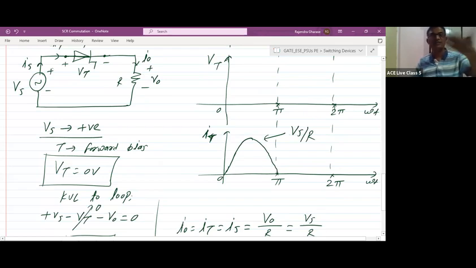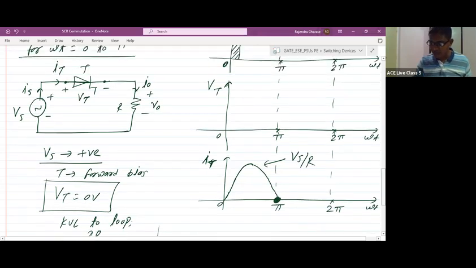If R is greater than 1, then the magnitude of the IT will be less than that of your Vs. If R is less than 1, IT will be greater than that of Vs. Now, so this is the IT. So now we can check at omega t is equal to pi, IT is 0. So the first condition for commutation has reached.